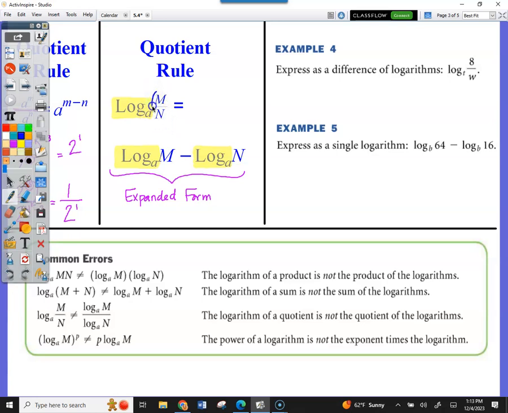It's understood to be in parentheses, or sometimes you will actually see it in parentheses. This is always going to be a fraction when you are using this rule. Whatever is on top will be written first, minus whatever was on bottom. So the minus sign, I'm going to emphasize, because that is the expansion. If they are being divided, you expand it out to be subtracted.